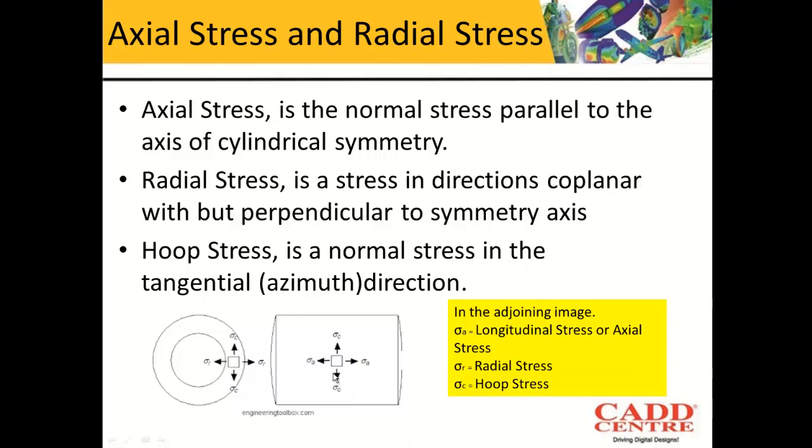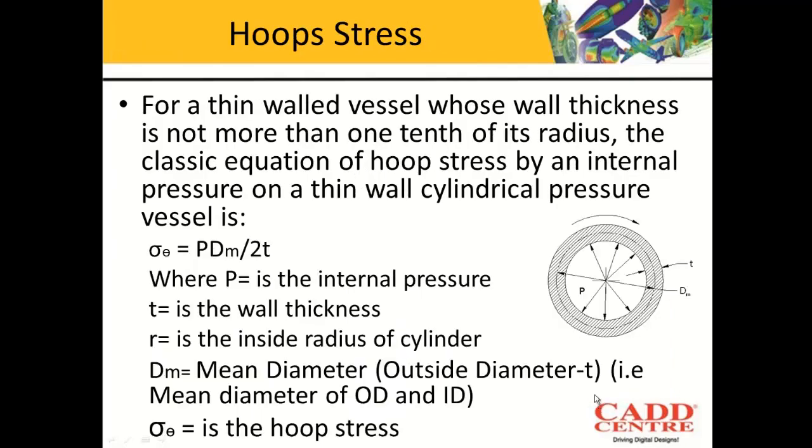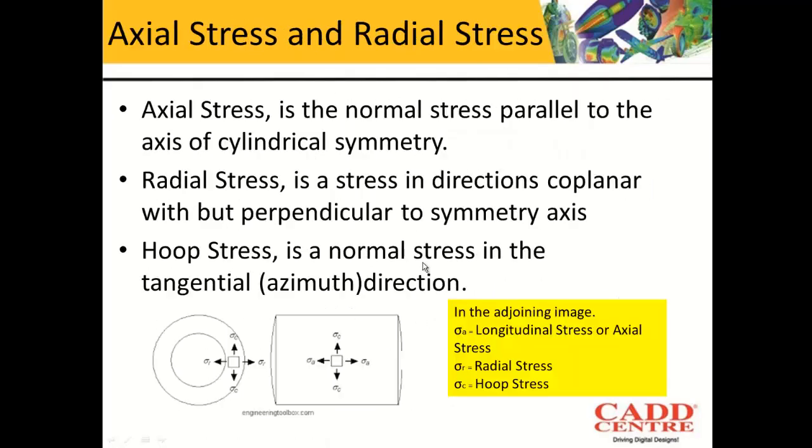If you look at this diagram, sigma A will be the longitudinal or axial stress, sigma R will be the radial stress, and sigma c is the hoop stress. So we have understood the formula for calculating the hoop stress, what the hoop stress is, and how it acts.